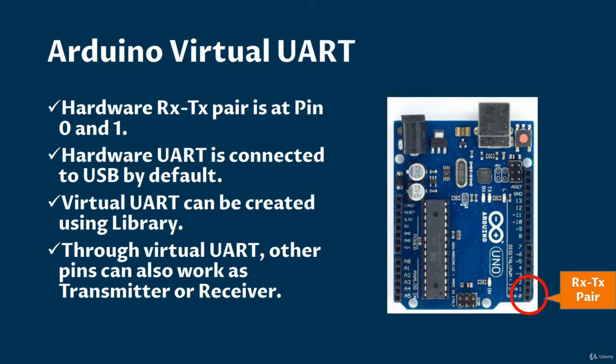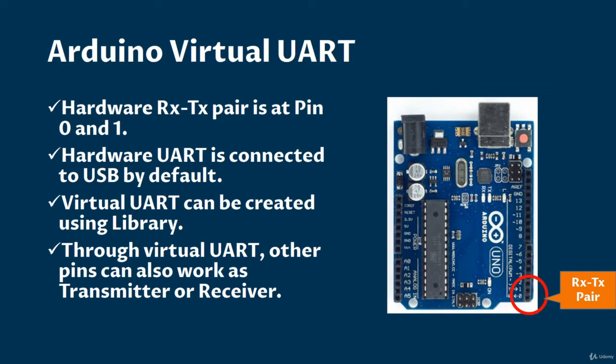Using this, we can create a virtual UART on any other pins. Once created, the pins will behave as another pair of transmitter and receiver. It's very simple. It is more like creating another serial object, which you have already learned in serial communication.